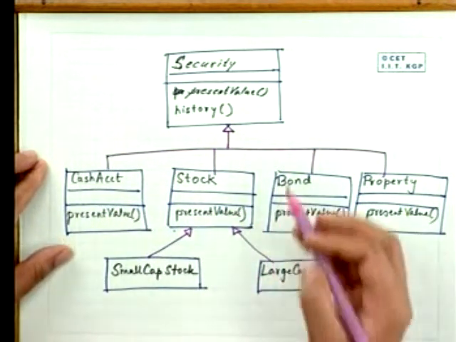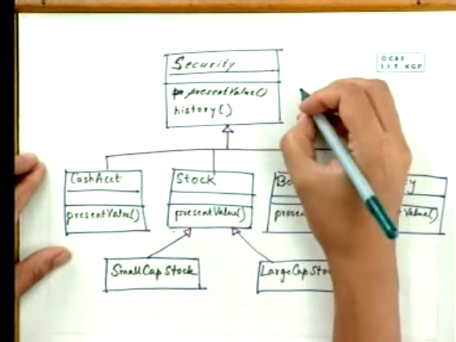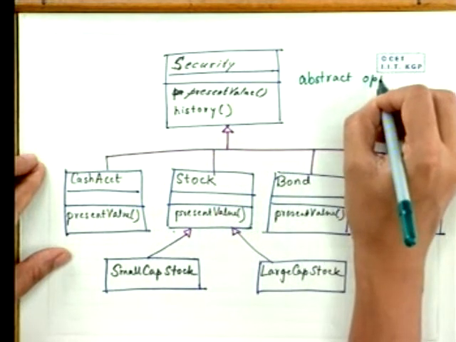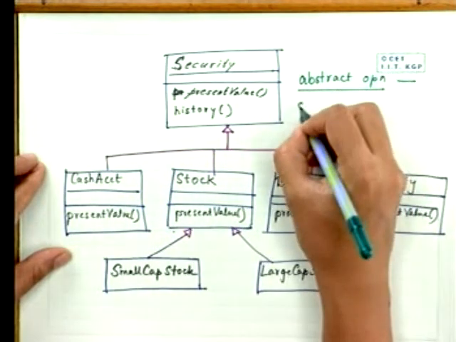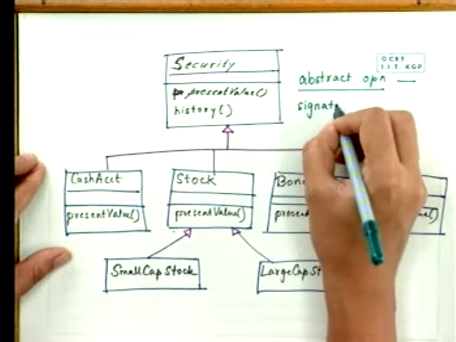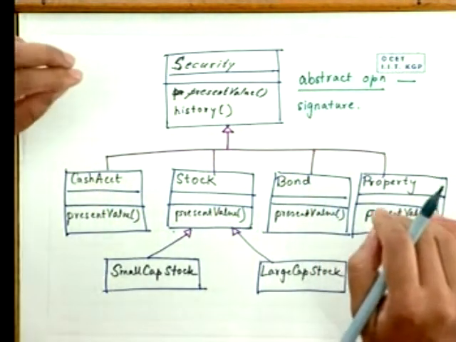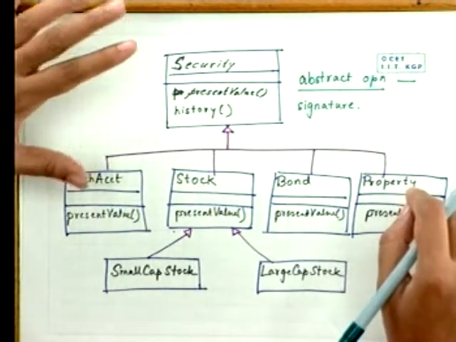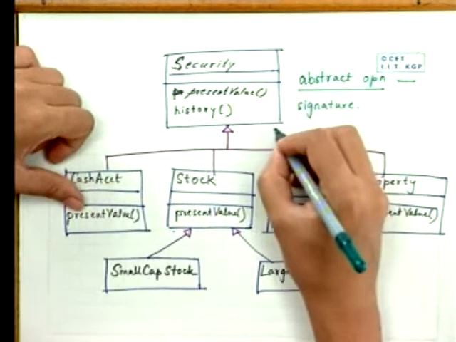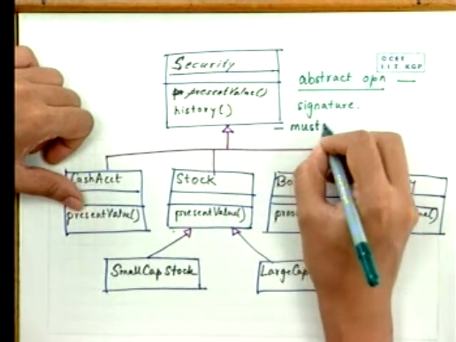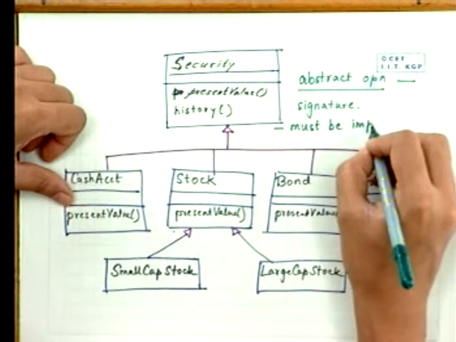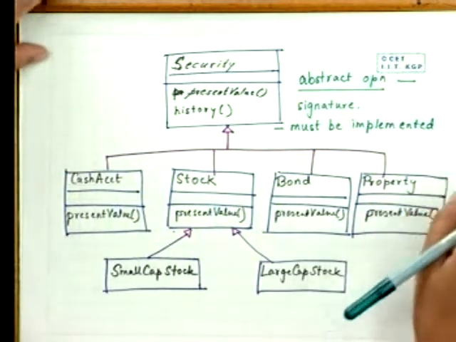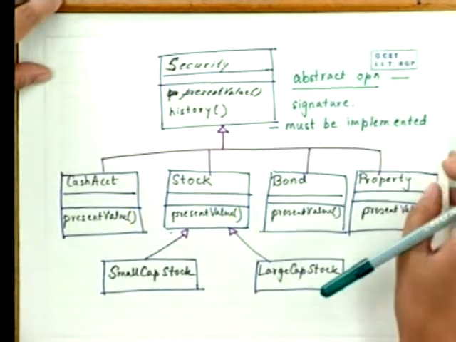An abstract operation provides a signature, and it must be implemented by some method in the lower levels of abstraction, by some subclasses in the lower levels of abstraction.